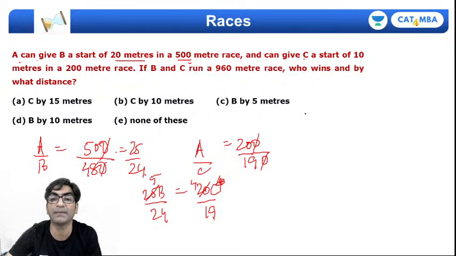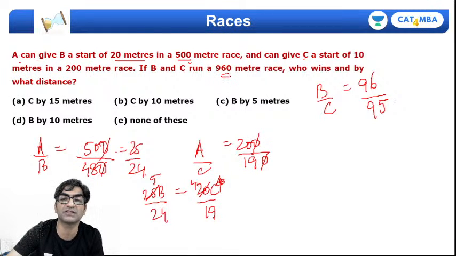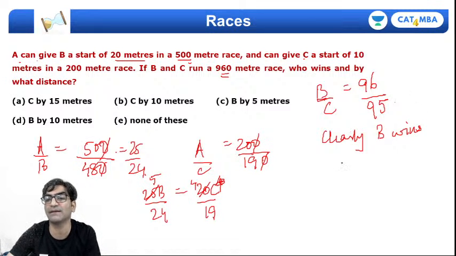So I'll end up getting B by C as 24 into 4 96 divided by 19 into 5 95, है ना? और यहाँ पे वैल्यूज देखो बड़े अच्छे से दिए हुए हैं। B और C में तेज कौन है, B तेज है ना? So clearly B is faster, clearly B wins, right?